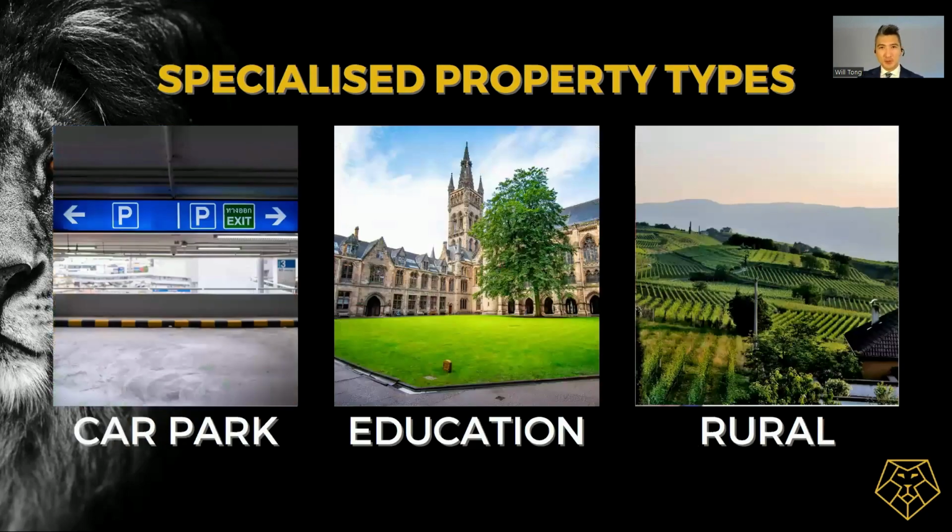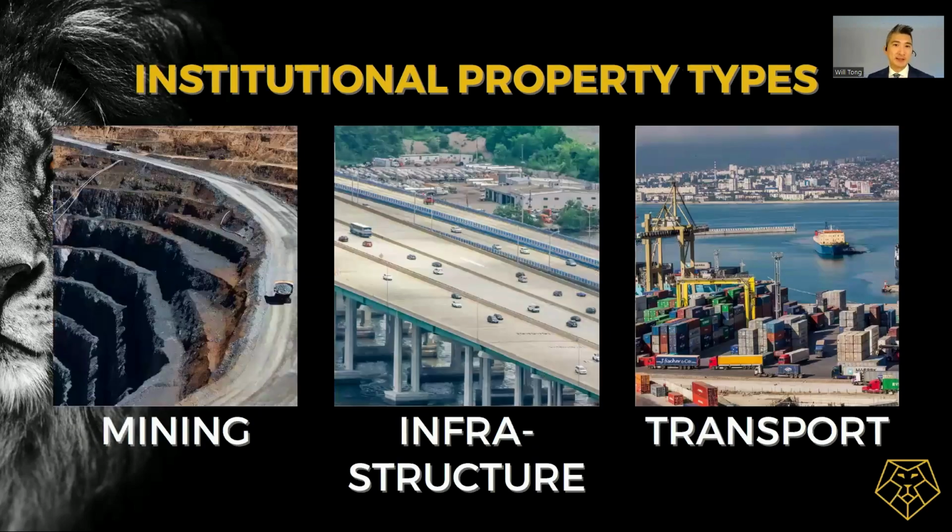And under the commercial property umbrella, there are also other specialized property types, such as car parks, education facilities, rural farming properties as well. And finally, there are institutional grade commercial property types as well.